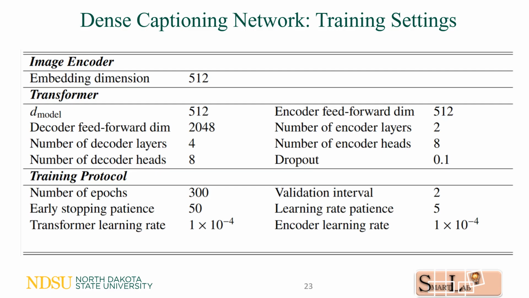For the decoder feed forward dimension, we use 248. The number of decoder layers is 4. Number of decoder heads is 8. For the training, we train the dense captioning network for 300 epochs using an early stopping patience of 50. And for the learning rate, we use 10 exponent negative 4.